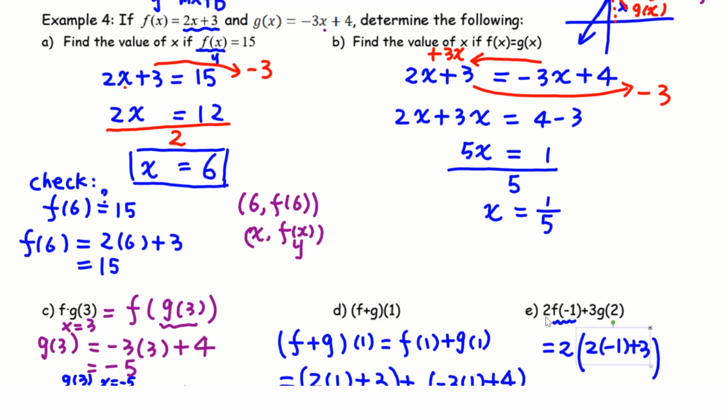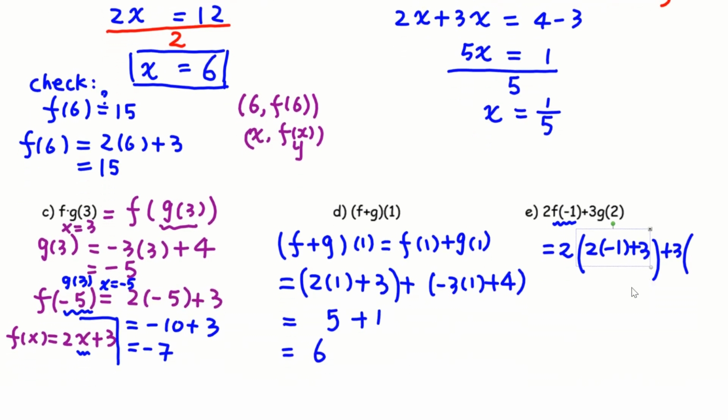That is 2 times f at -1. And plus 3, g at 2 is x equals 2 to function g at x. So -3 times 2 plus 4. So I will continue next line.